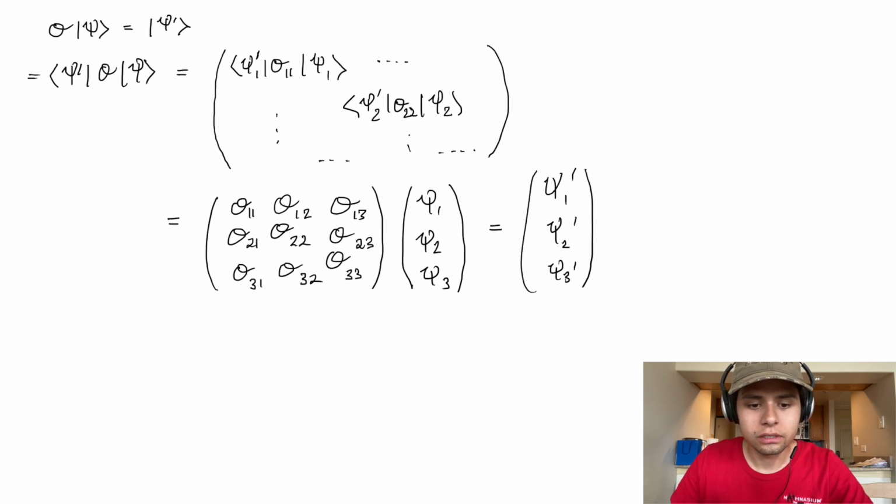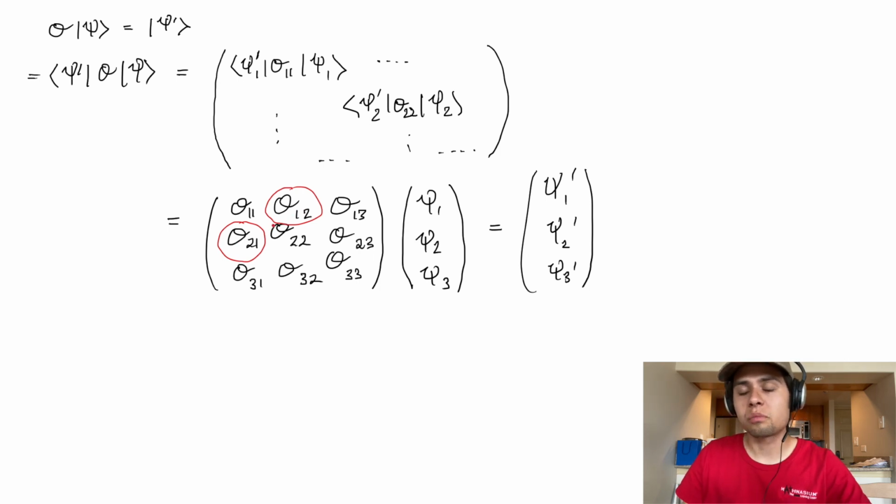And what I mean by that is, we have this element of the matrix here. If this thing was equal to this thing, then these two things would be symmetric. If this was not equal to this, but actually the opposite of it, the negative of it, if operator 1, 2 is the negative of operator 2, 1, then we would call it antisymmetric.